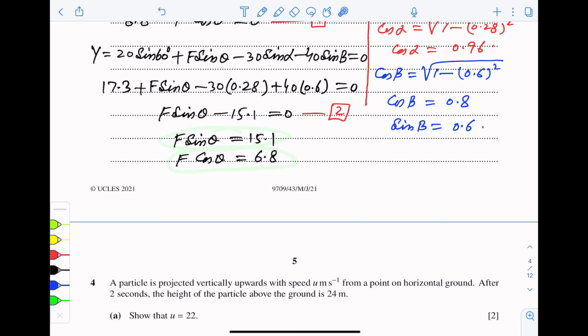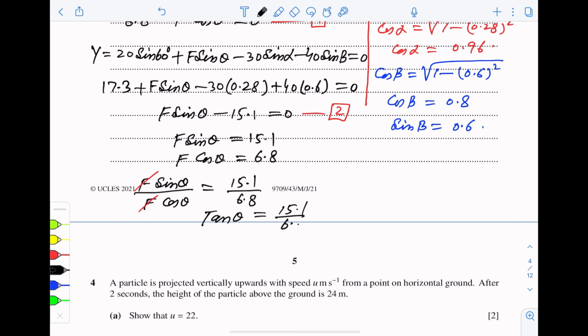Dividing these two equations, we can eliminate F like this: F sin theta over F cos theta is equal to 15.1 over 6.8. F cancels out, so we get tan theta is equal to 15.1 over 6.8, since sin over cos is tan.